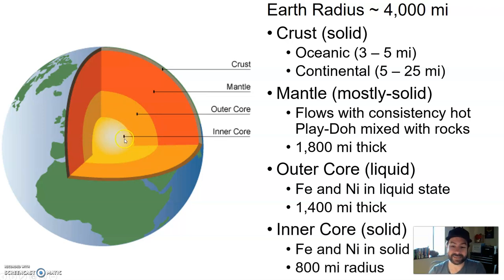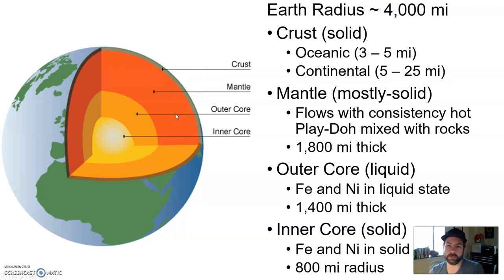And then we have the solid inner core, about 800 miles in radius. Again, also iron and nickel, but in a solid state. So: solid metal inner core, liquid outer core, thick mantle, which is mostly solid, and then a solid crust.